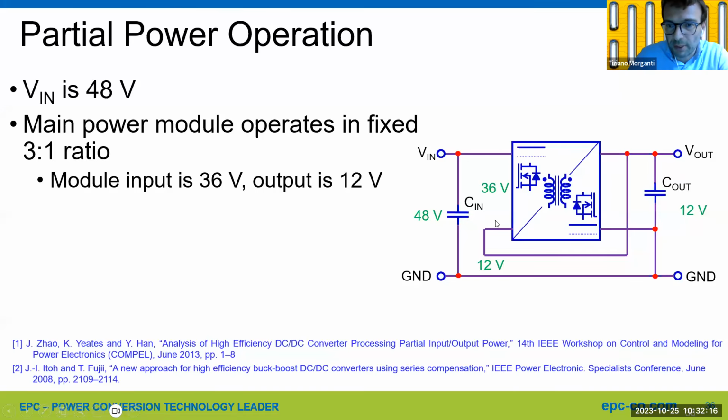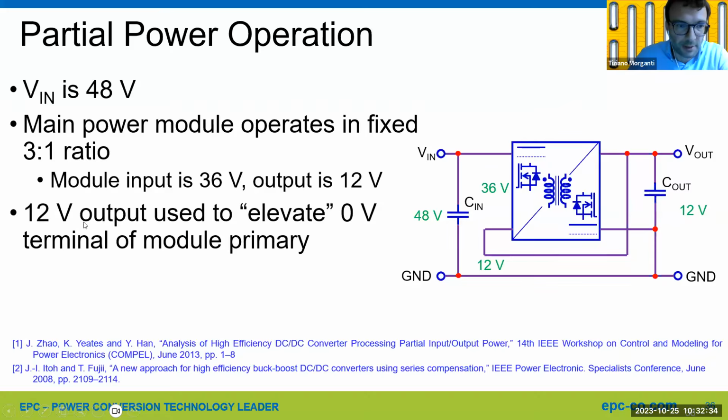So 36 volt input, 12 volt output. The 12 volt is also in this node. So we have a total of 48 volt input voltage to the system.